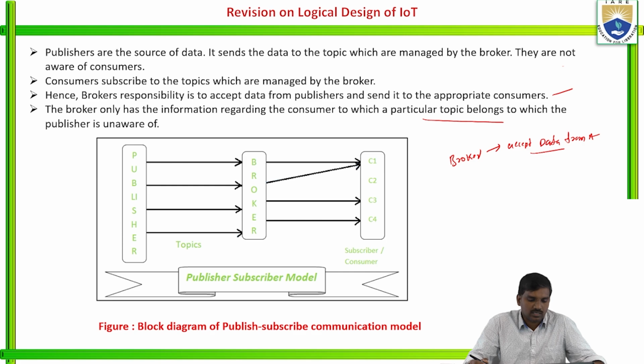So this is the elaborated block diagram, an extension of the earlier diagram: publishers, broker, and the information passed to the particular consumer. These are the topics sent from the publisher to the broker. Subscribers are consumers or customers. This is the publish-subscribe communication model.